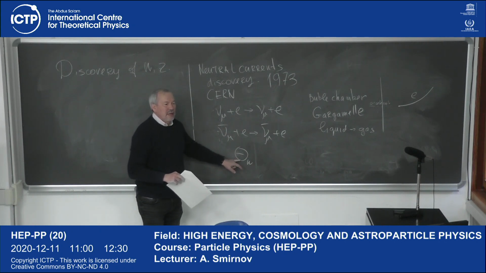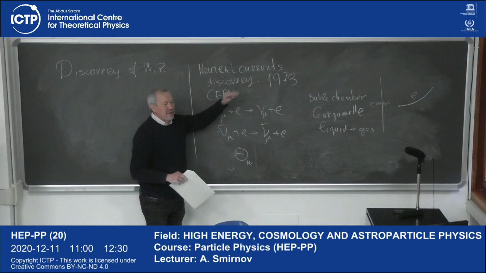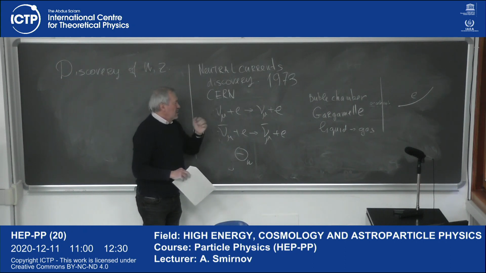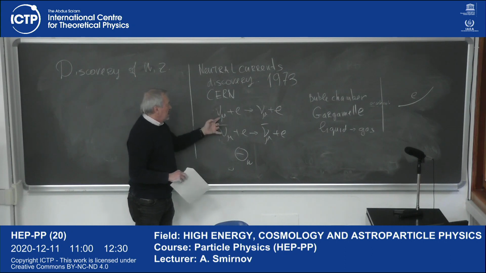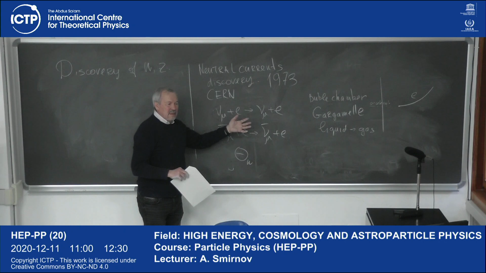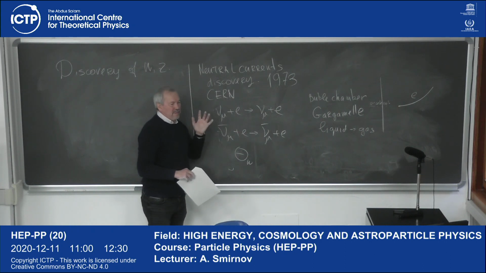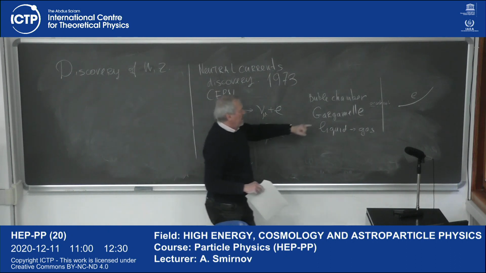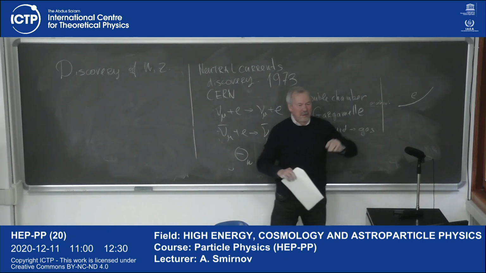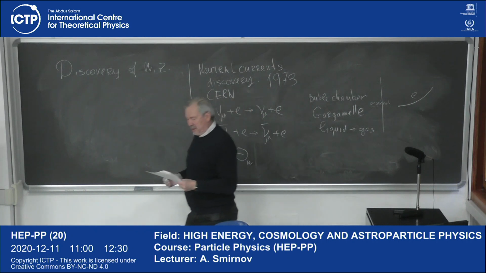So theta W was known after the discovery of neutral currents. It's interesting that they discovered this in scattering on electrons, but of course neutral currents were observed later in scattering of neutrinos on nucleons. But this is a clean process because you have just one electron going out of nothing. So you have nothing here and then the electron is being projected.